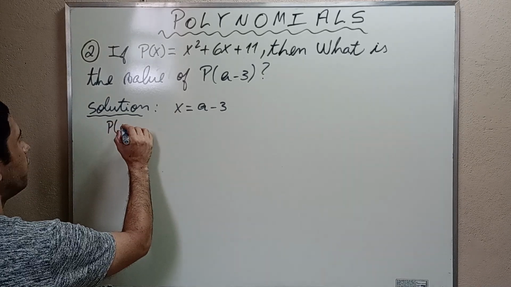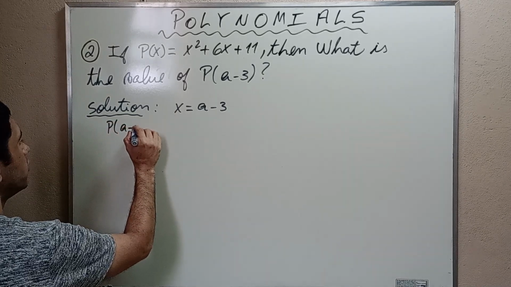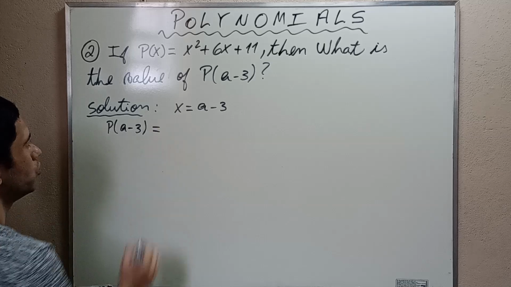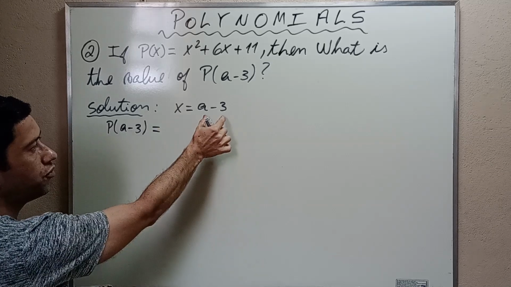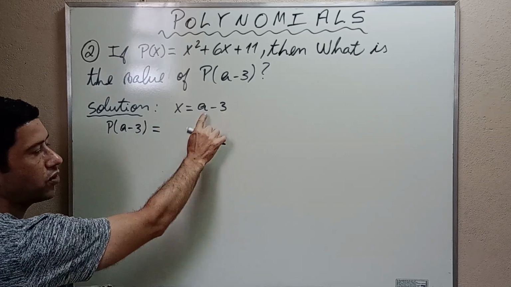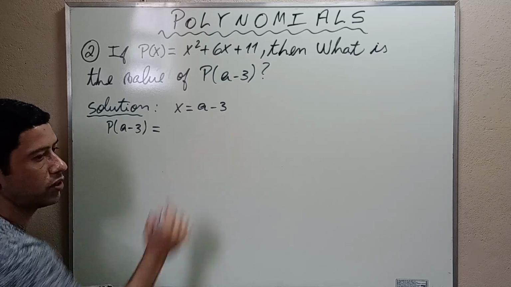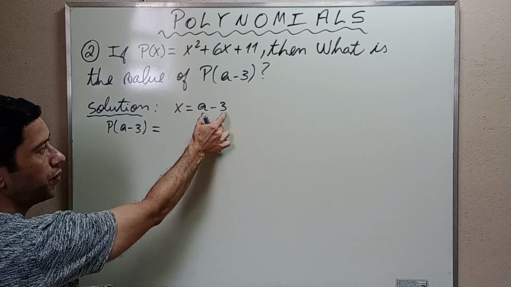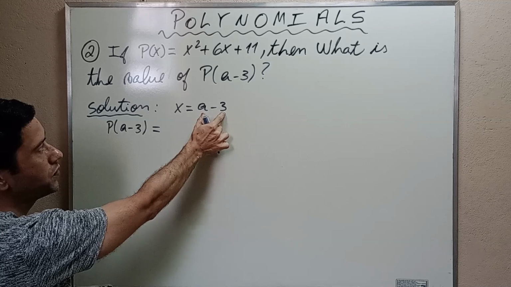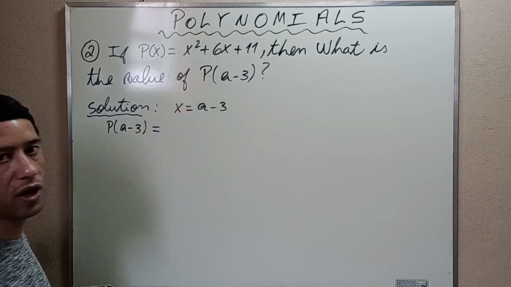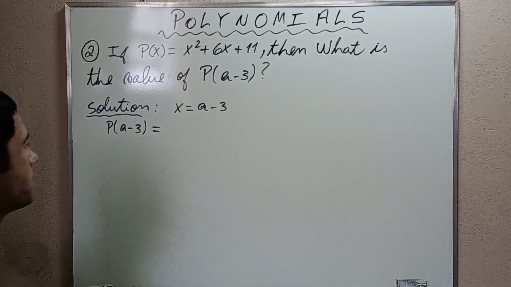P of a minus 3 is equal to, we substitute not only a, not only negative 3, we substitute this entire term in the place of x, okay?